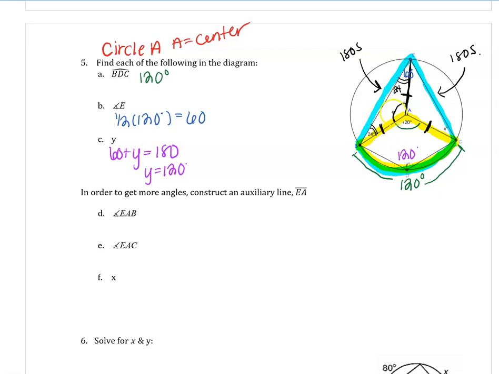Now, in order to solve for the measure of angle EAB, I could do 180 minus both of those. So 180, take away the two 24s, would give me 132 degrees. So I'm going to label that right in here.